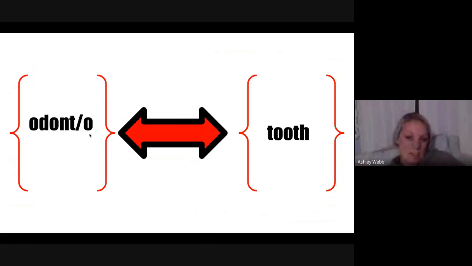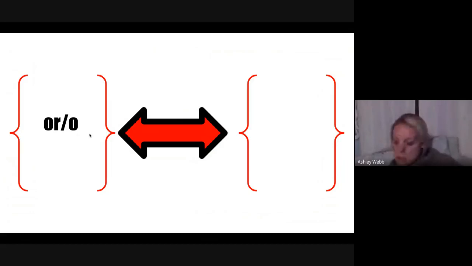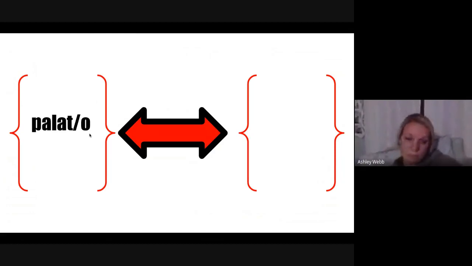Okay, which makes sense with what an orthodontist does. Okay. When we see oro, I think oral, which of course means pertaining to the mouth. A lot of these are pretty simple, hopefully for you. The substances and the suffixes are a little bit more difficult, but a lot of these combining forms are pretty straightforward. Okay, this one is palate.